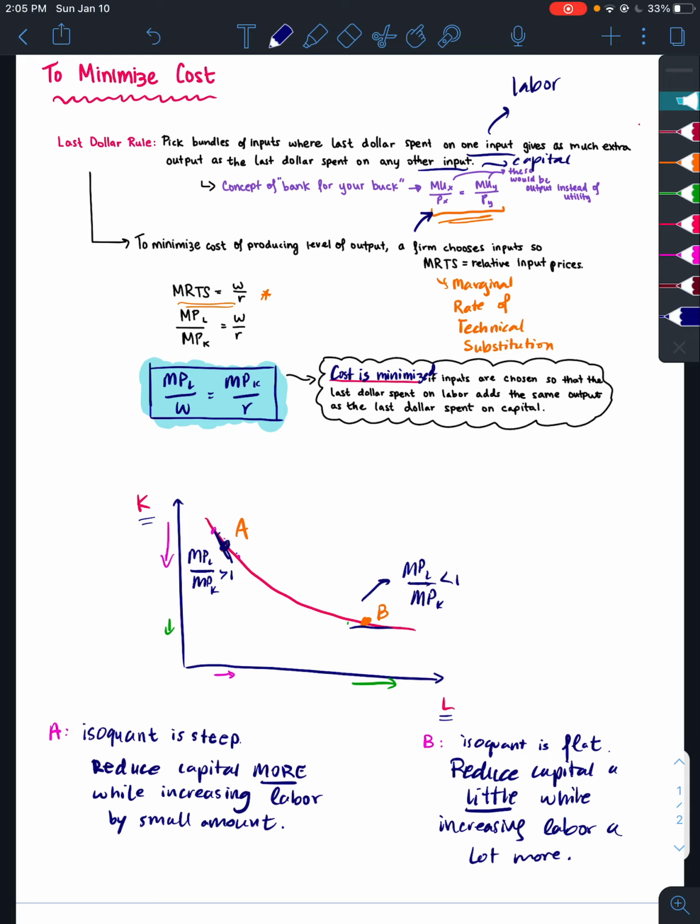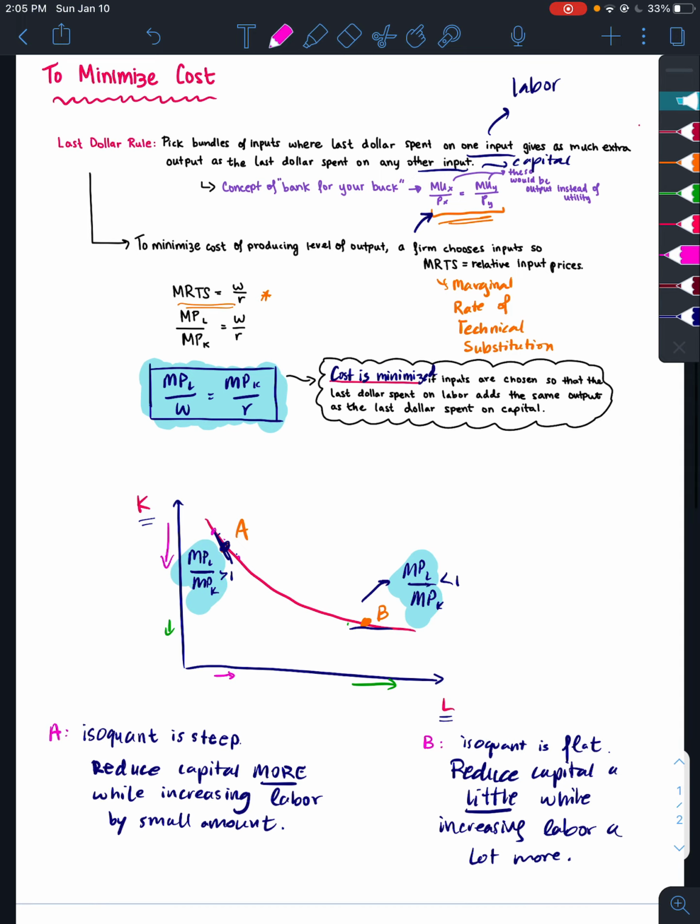And that slope tells us how much capital you're willing to give up for an extra unit of labor.